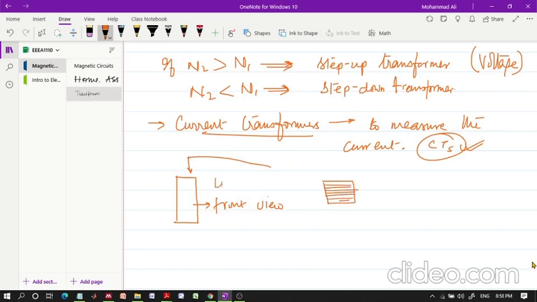I am talking about the limb. Okay, I am talking about this portion only, if this is the transformer, for example. I am trying to see it from the top. So there will be laminations, right?